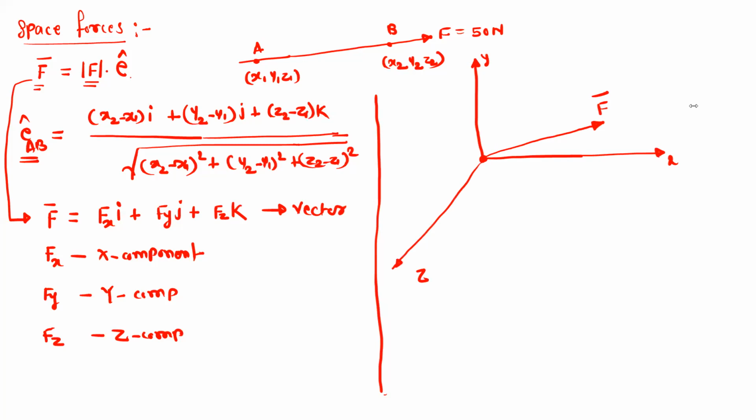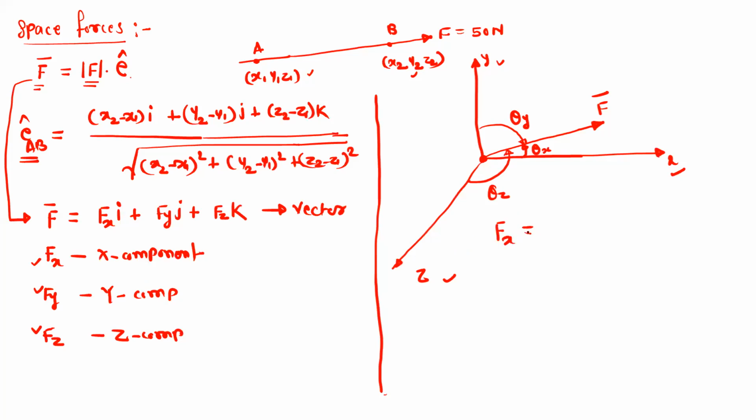The direction of F bar we can represent with the help of 2 points, or with the help of the angle with respect to x, y and z axis. Suppose the angle with respect to x axis is theta x, with respect to y axis this is theta y, and with respect to z axis this is theta z.